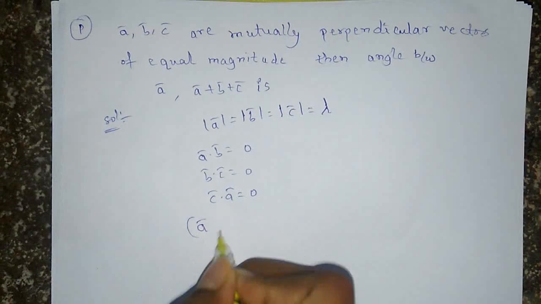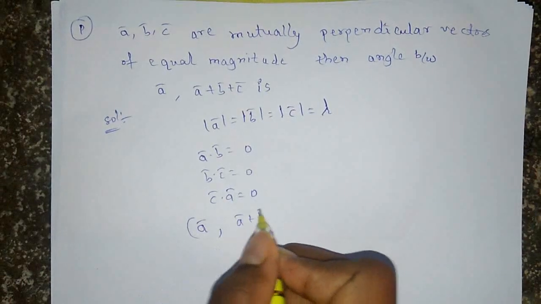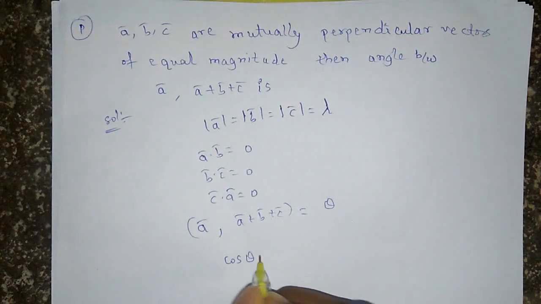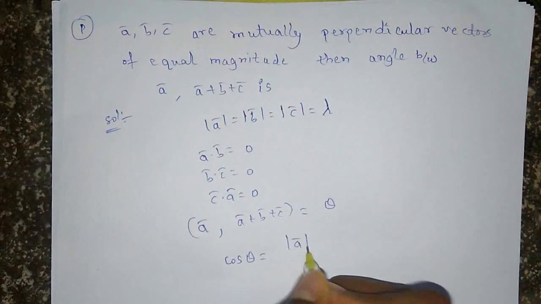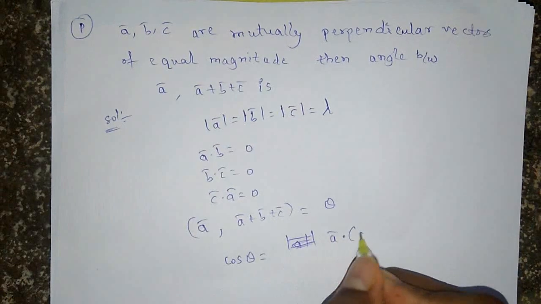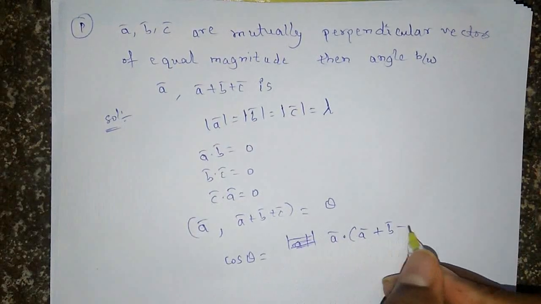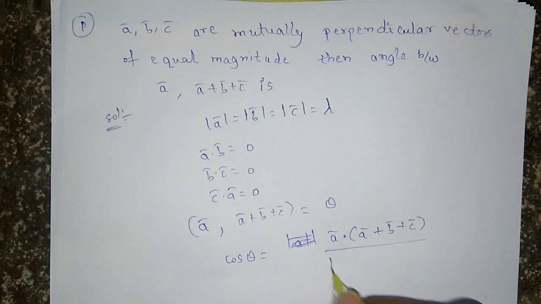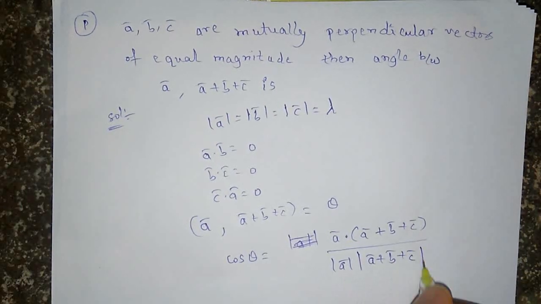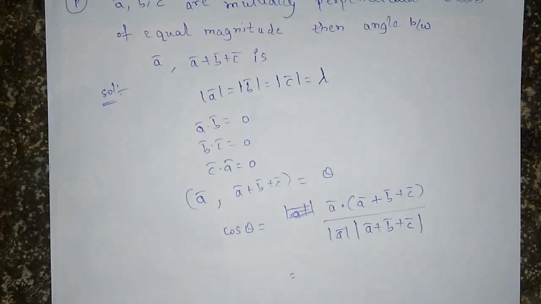So let us take the angle between a and a + b + c as theta. Then cos theta is equal to what? I can use the dot product formula: a·(a + b + c) divided by |a| times |a + b + c|.